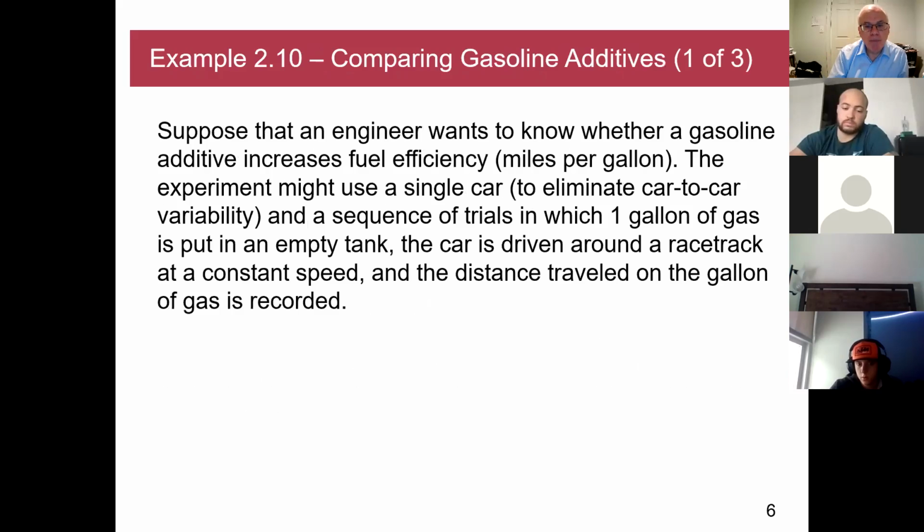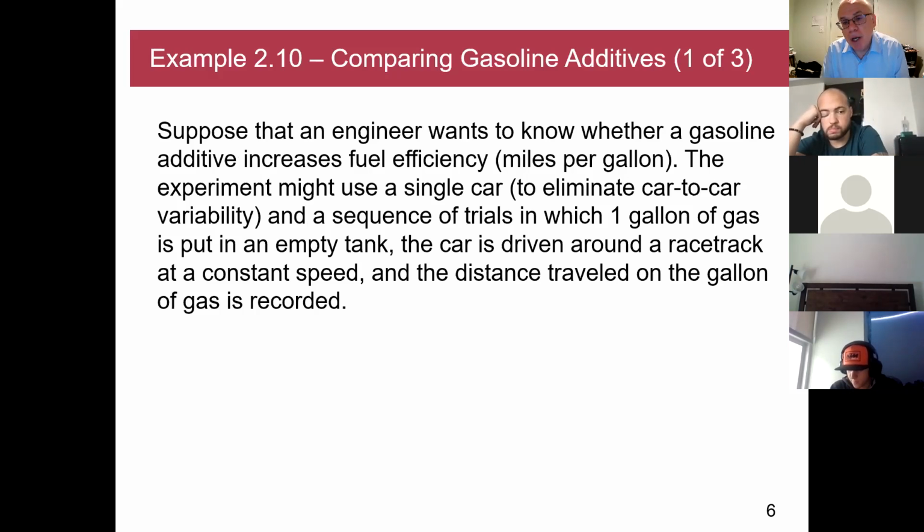So let's look at an example here. It says an engineer wants to know whether a gasoline additive increases fuel efficiency. Fuel efficiency is measured in miles per gallon, so a more efficient car will actually have higher miles per gallon. That makes sense. The experiment might use a single car to eliminate car-to-car variability.